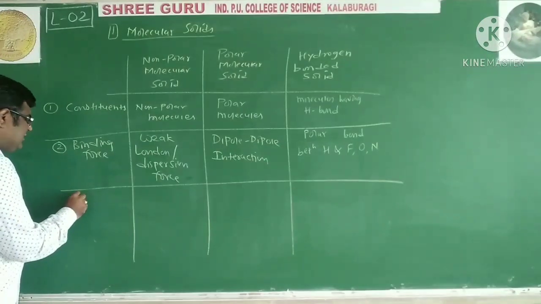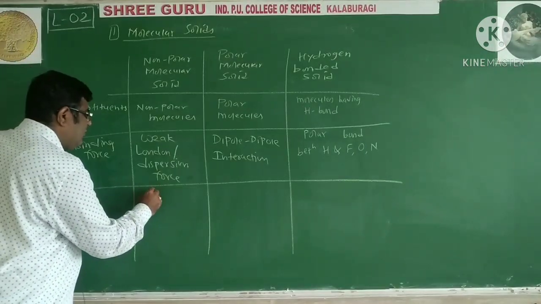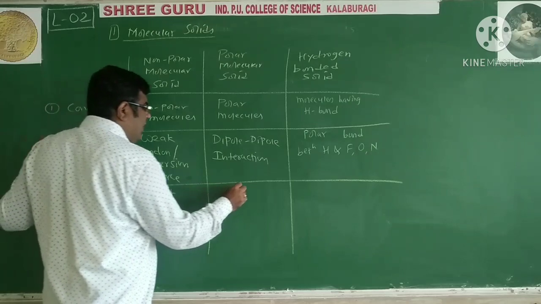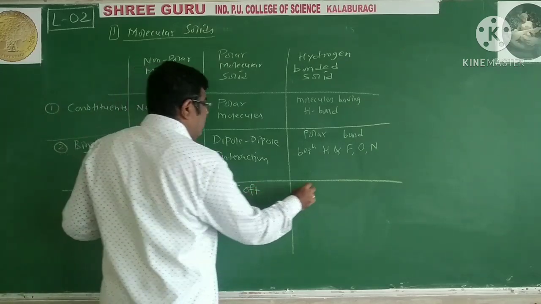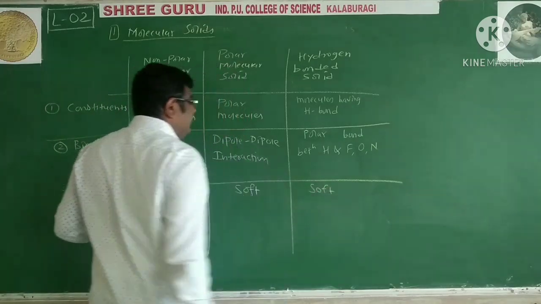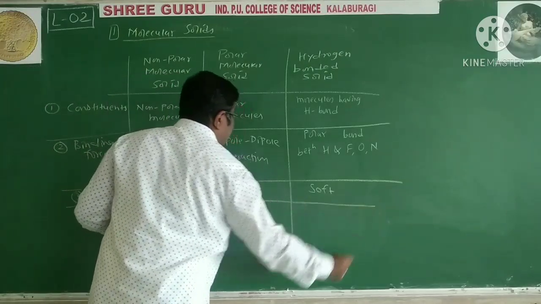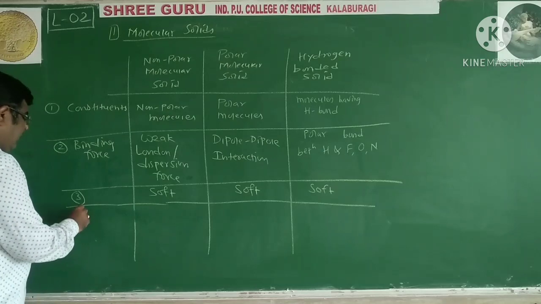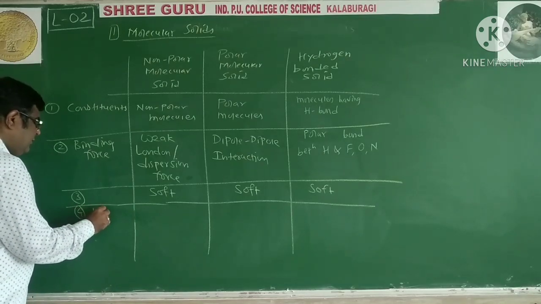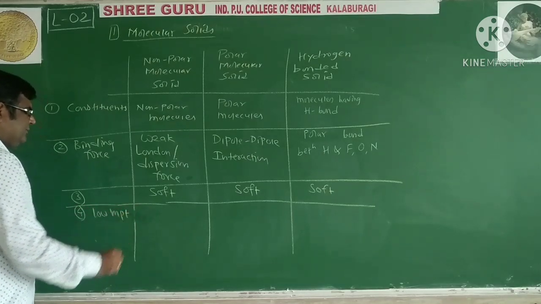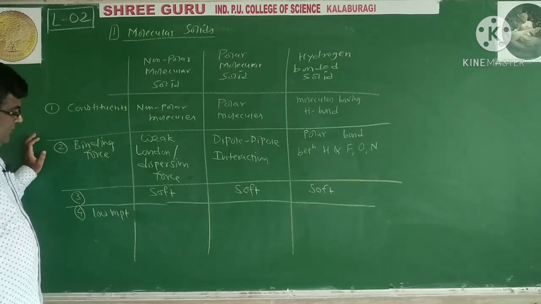Third one, we can say that they are soft. There is no hardness involved in them. They are very soft in nature. Fourth is they have low melting point. They have very low melting point.